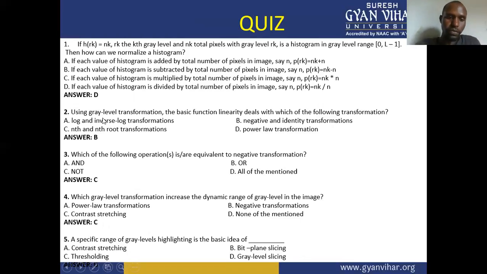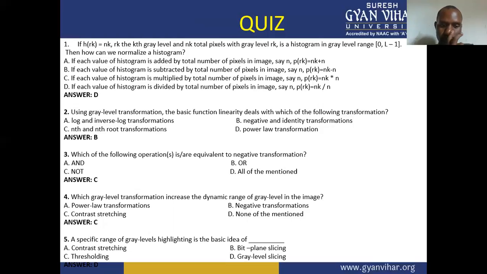Next question. Using gray level transformation, the basic function linearity deals with which of the following transformations? In the previous class, we looked at 3 types of transformation functions. The first one was the linear function, the second one was the logarithmic function, and the third one was the power law transformation.